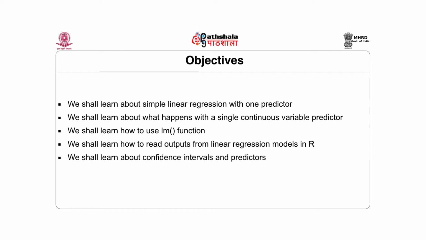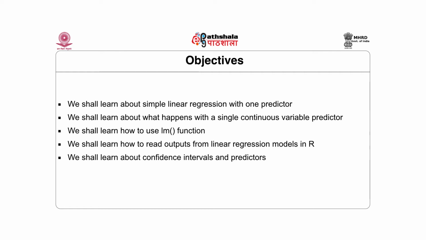And we shall also learn how we can read outputs from linear regression models in R. When I say how to read outputs from linear regression models in R, I essentially mean that you should be able to save your linear regression model outputs in the form of an object, and then you can further manipulate that object in order to do what you want to do with it.